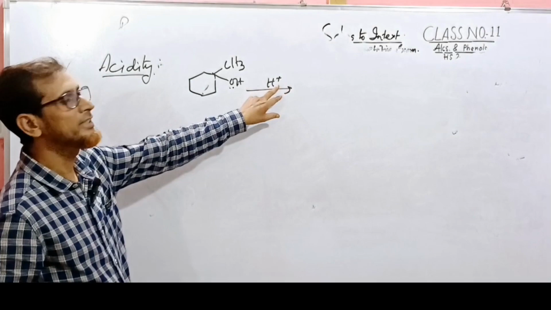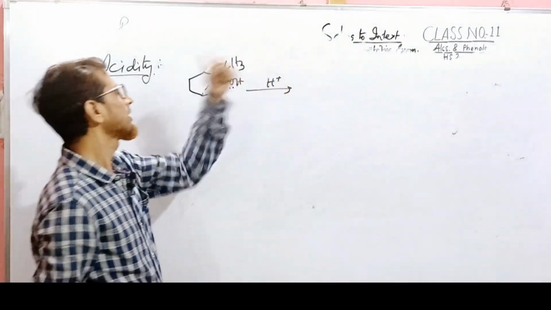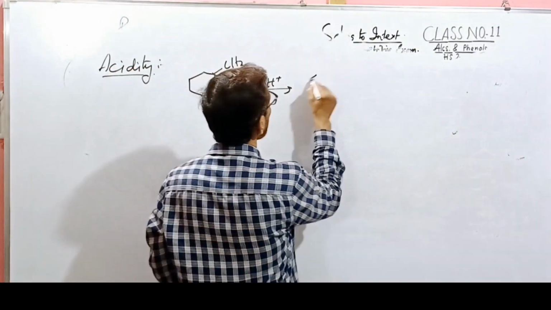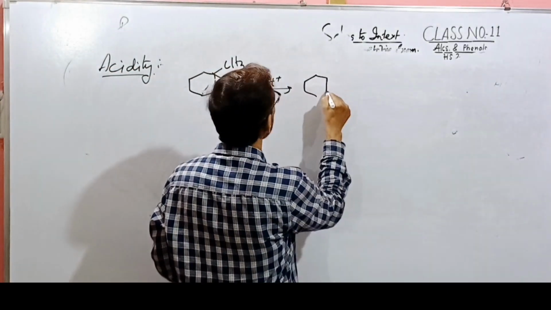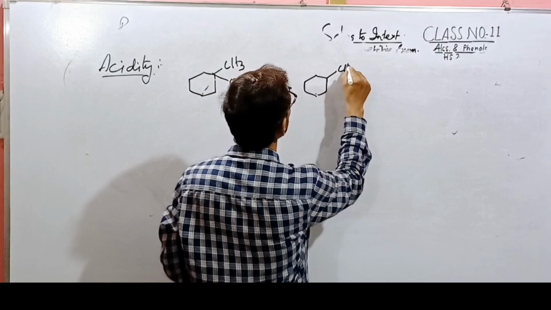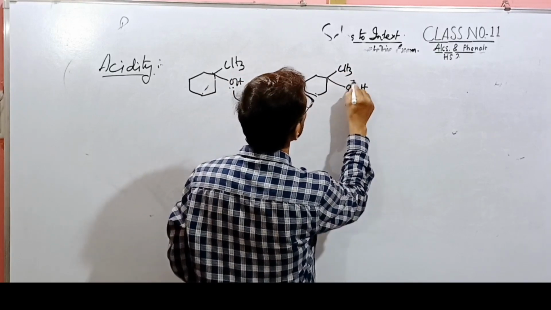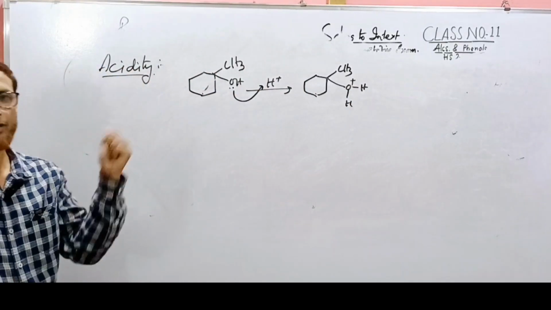Am I right? When there is acid, sulfuric acid, then there is first protonation. Whenever you follow the mechanism, you will find it easy to answer, otherwise it will be difficult.